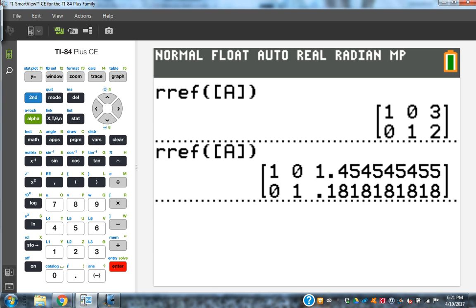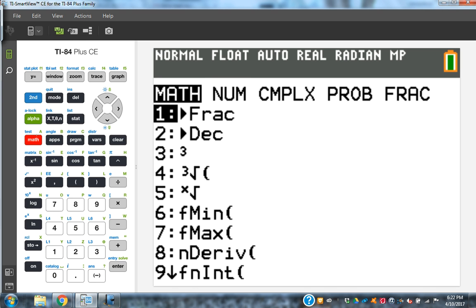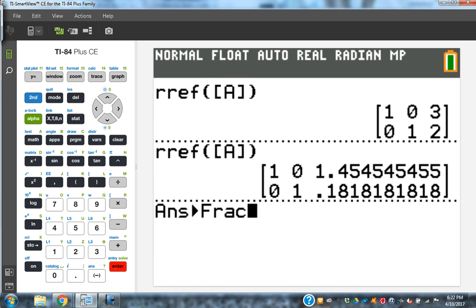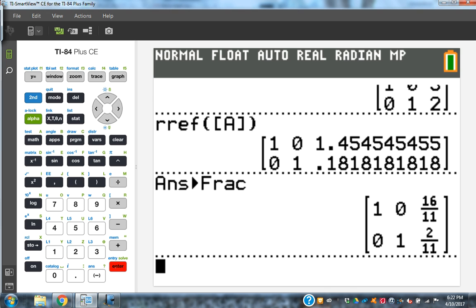And you know I don't do decimal answers, right? So how do we change it from decimals to fractions in the calculator? Math 1, or enter, and then hit enter again. And they'll change it over to a fraction for you in the matrix form. So that tells us that what's x in this problem?